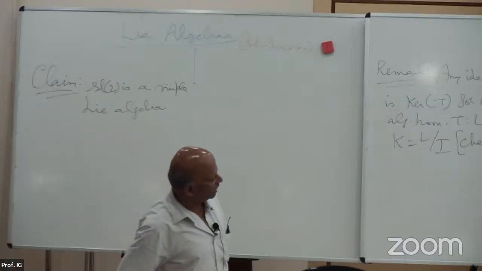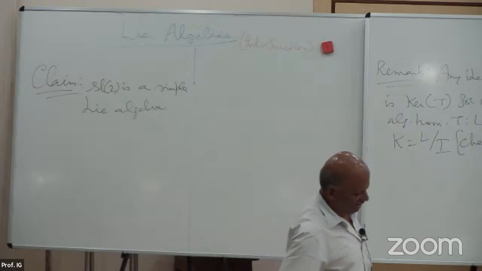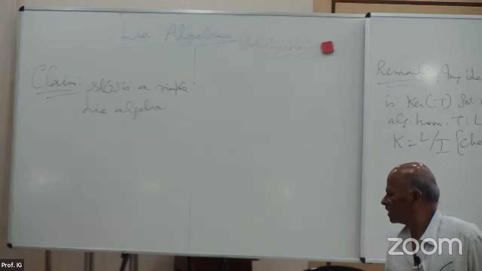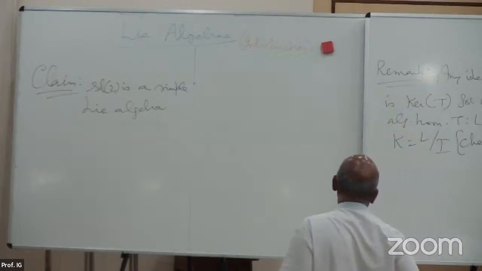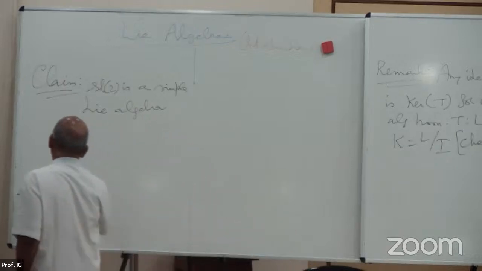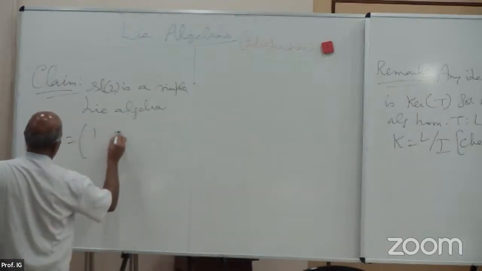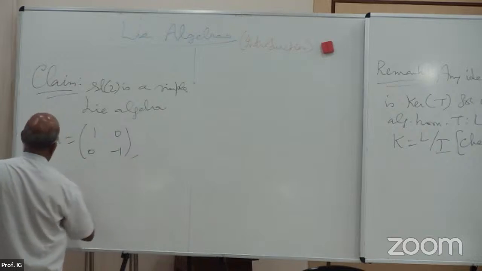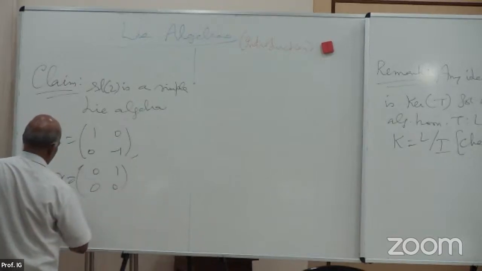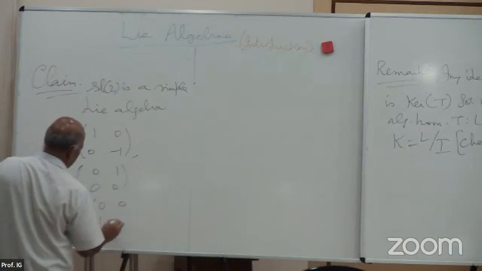This is the definition of simple Lie algebra, and the first example, the smallest example in some sense, is sl2. The claim is that sl2 is a simple Lie algebra. Recall these things: h equal to (1, 0; 0, -1), x equal to (0, 1; 0, 0), y equal to (0, 0; 1, 0).